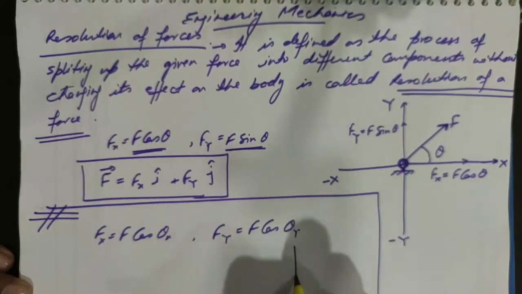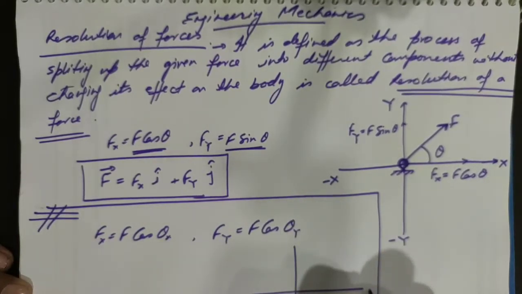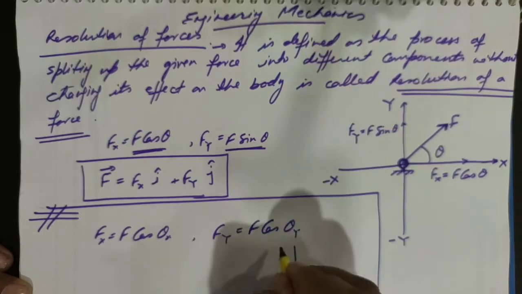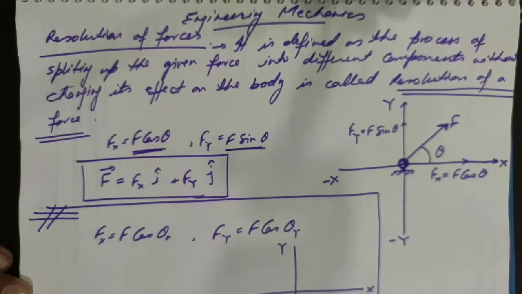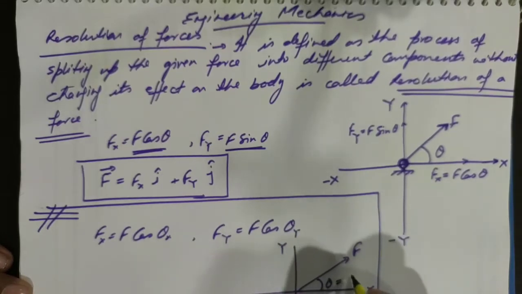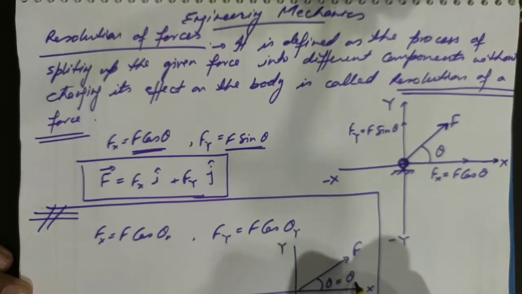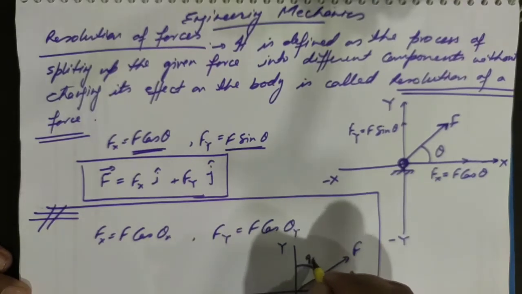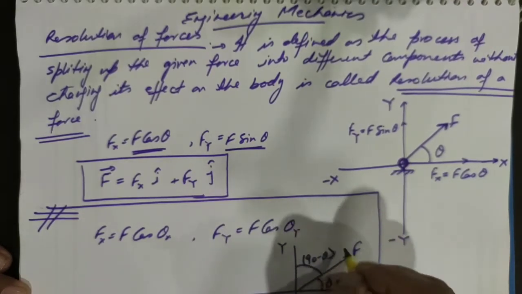When we take the coordinates like this, x, minus x, y, minus y, and the force is F, the angle theta is the same; we assume theta is equal to theta x, and the angle 90 minus theta is equal to theta y.